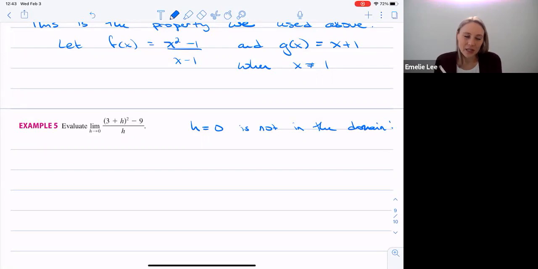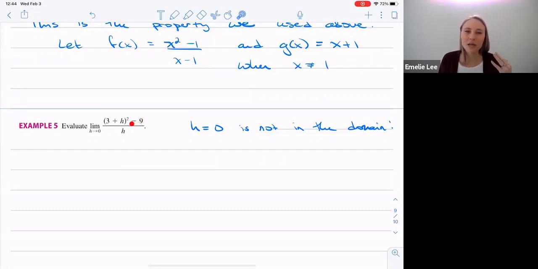What we can do, and this is just a matter of practicing enough of these problems to recognize, oh, last time I had one of these, I tried this and it worked. I know that's annoying, especially when you're beginning, but in this case, when I'm scanning this problem, I see I can expand 3 plus h times 3 plus h, and I would end up with a 9, which would subtract this 9.